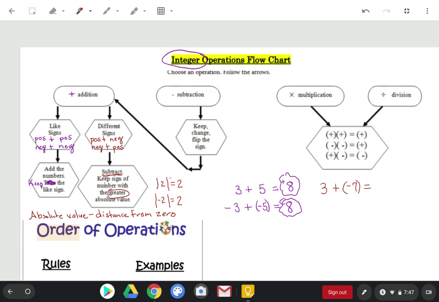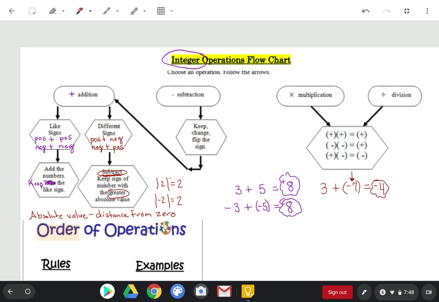So I would actually have to subtract 7 minus 3. 7 minus 3 is 4. But I'm supposed to keep the sign of the number with the greater absolute value. So which of those numbers is farther away from 0 on the number line? 3 or -7? You would be right if you said -7 was farther away. Therefore, our answer will be negative. The answer here is -4.